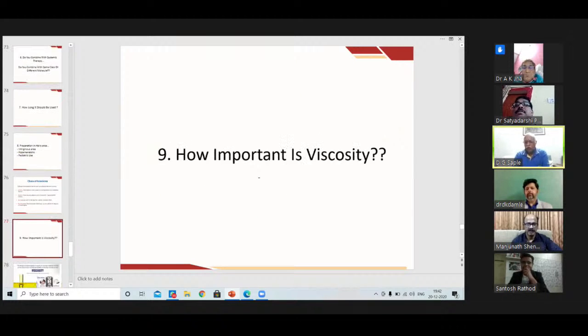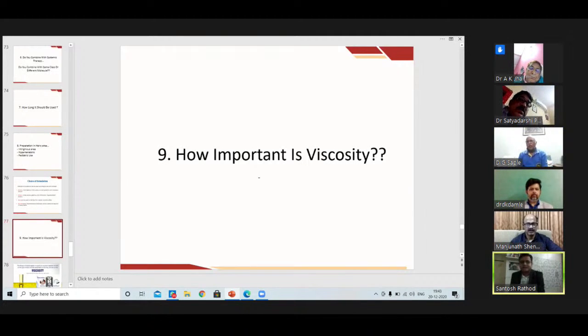The very important point Dr. Shenoy has already discussed, but again, I would like to ask, how important is the viscosity? I'll ask Santosh. I think, sir, it is very well described by Shenoy, sir. It is important with regard to the formulation and the release of active drug.